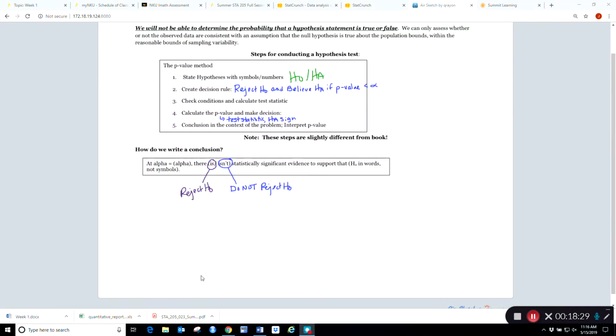If you go back to page 4 of your handout, this is where we talked about how there is statistically significant evidence if we reject the null hypothesis, and not statistically significant if we do not reject the null hypothesis. So since we did not reject the null, I'm going to choose that there isn't statistically significant evidence.